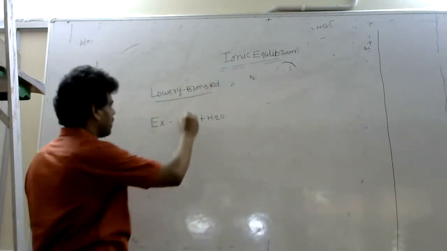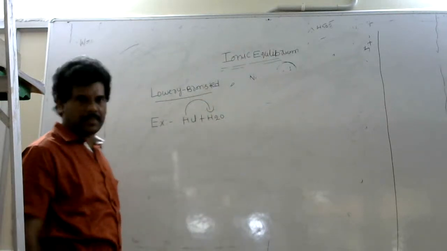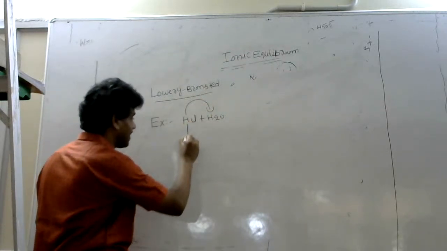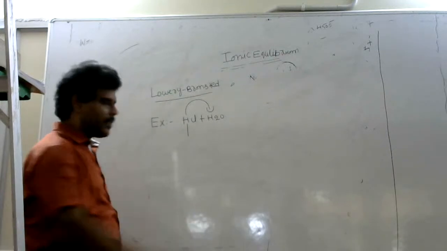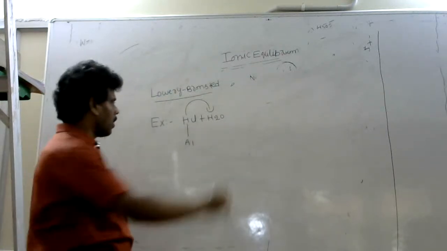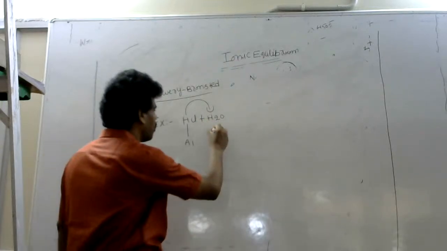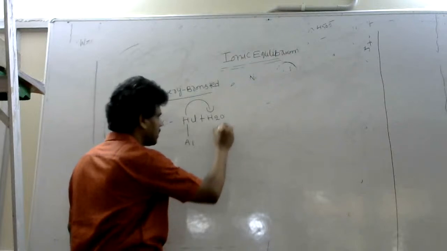In this case, HCl donates a proton to water, so HCl acts as a Lowry-Bronsted acid. Water accepts the proton, so it acts as a Lowry-Bronsted base.